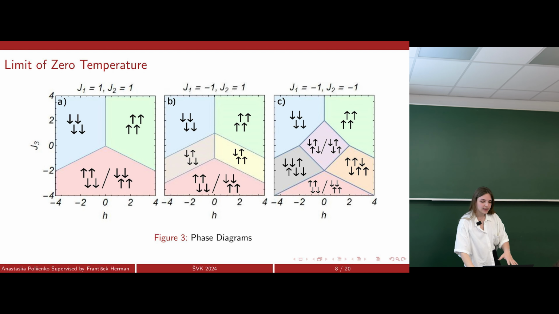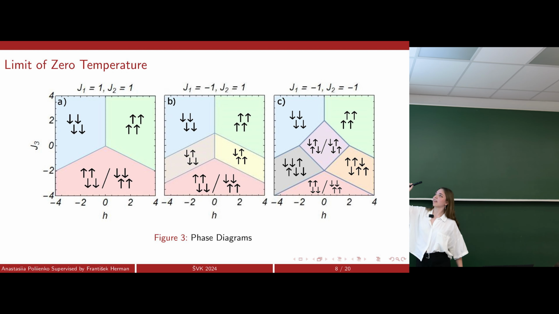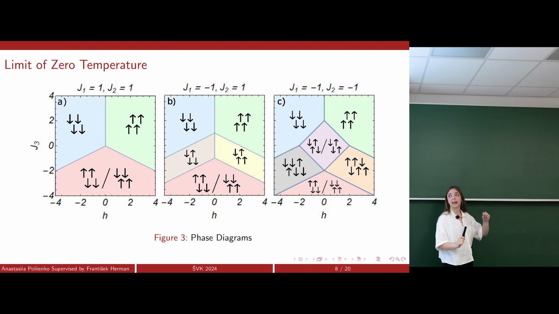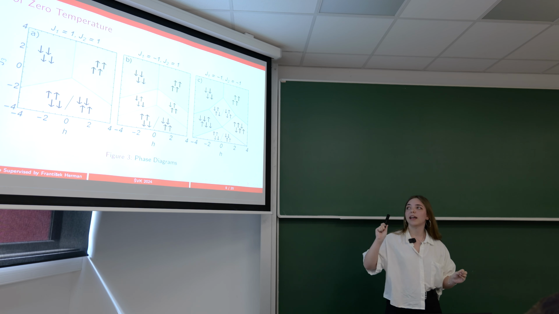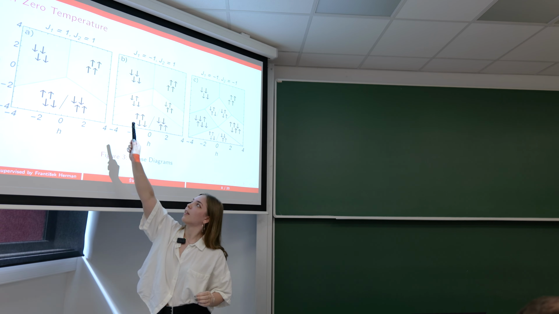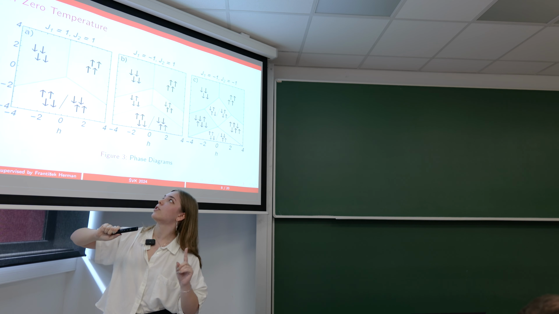And what did we get? We get such plots. In the first plot, you can see the coupling of two ferromagnets, meaning J1 and J2 are equal to 1. I'm using dimensionless constants here. And we can see that for a positive J3, in this area, we have one phase transition.